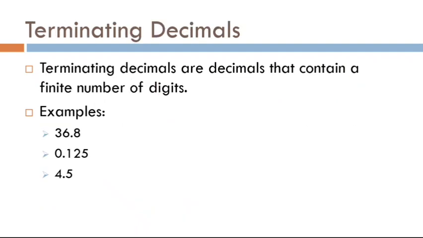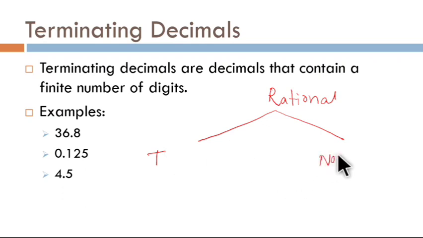So in rational numbers we have two classifications. One is terminating and one is non-terminating. So what is terminating? Terminating decimals are decimals that contain a finite number of digits. See here, we have some examples.